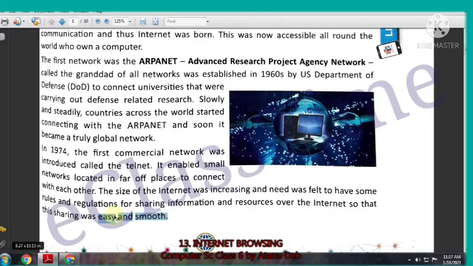Obviously, if anything is made, there must be some rules and regulations that should be followed, so that the network or organization is not hampered. So for smooth running, some rules and regulations were laid out, which you will get in higher classes.